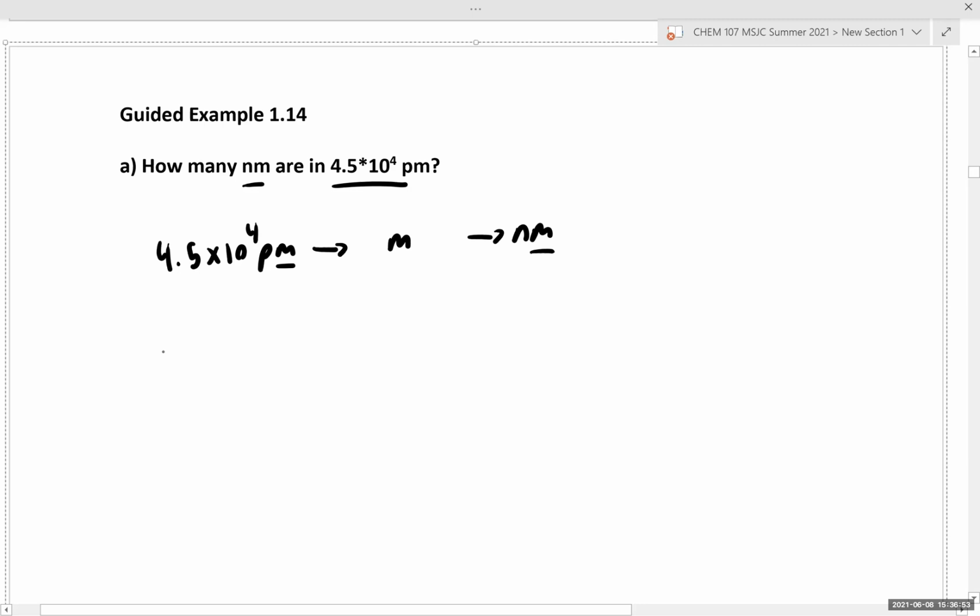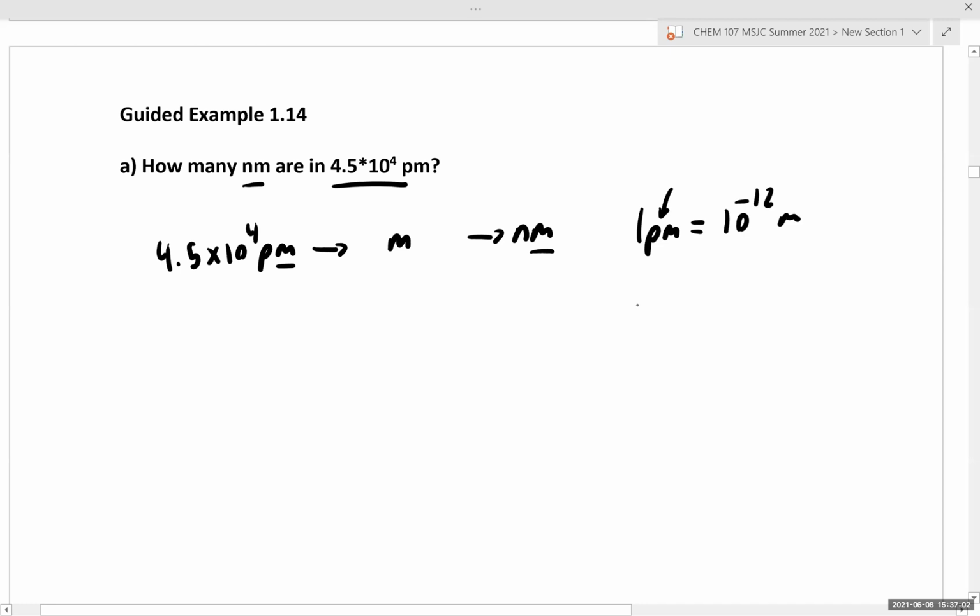So let's write out some equalities. 1 picometer, the pico prefix corresponds to 10 to the negative 12. 1 nanometer, the nano prefix corresponds to 10 to the negative 9th meter. So setting this up now, we have 4.5 times 10 to the fourth picometer.